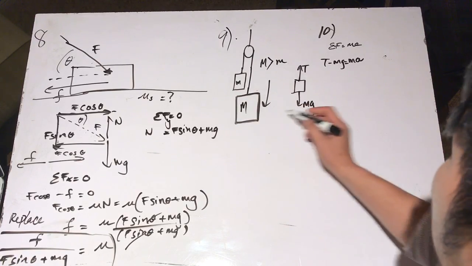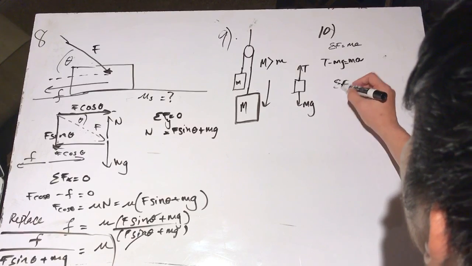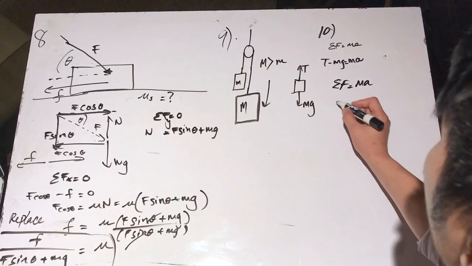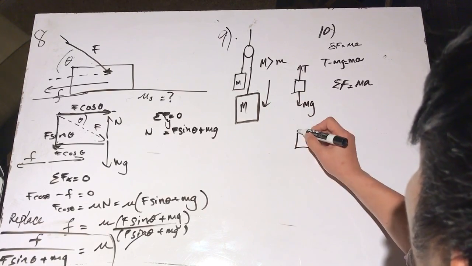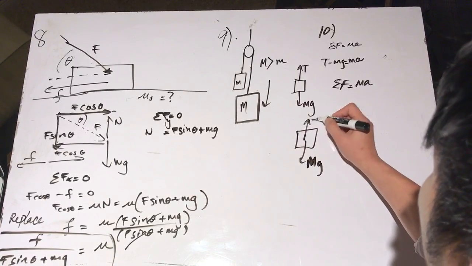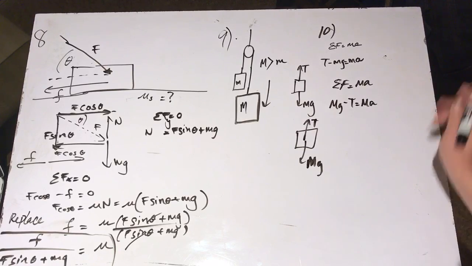And I'm going to apply it with this bigger M. So the sum of the forces is equal to Mg minus T equal to Ma.